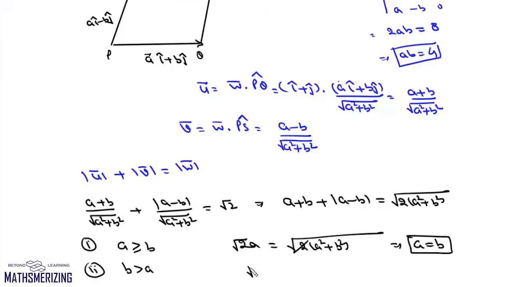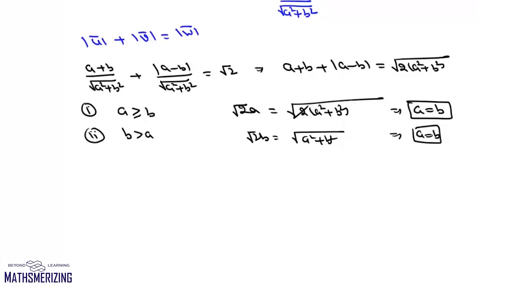So we'll get root 2B equals under root of A square plus B square. Again we'll get A equals B. So for any condition we are getting A equals B. So now we have the condition that A equals B and A into B equals 4, which simply means that the values of A and B are both 2.